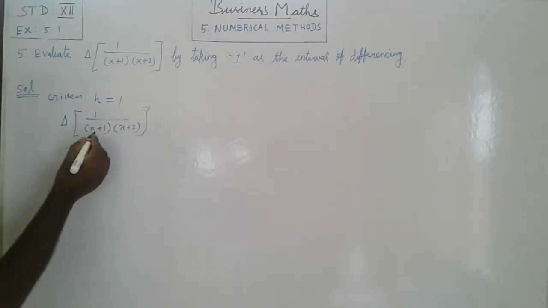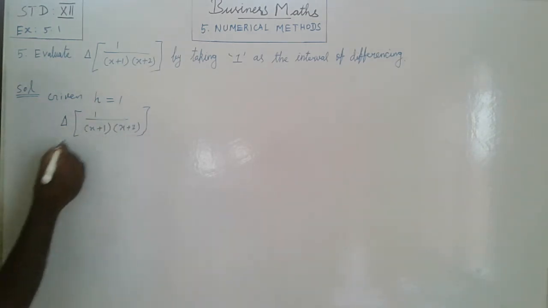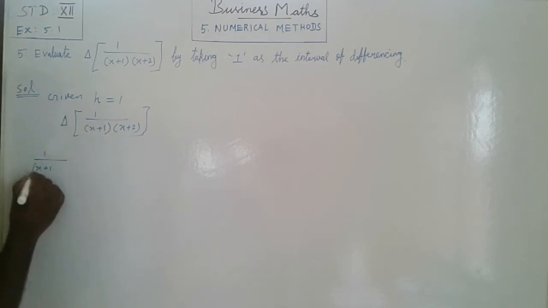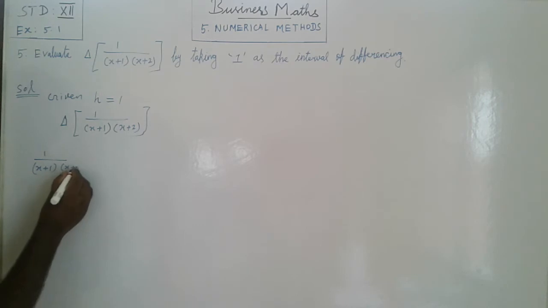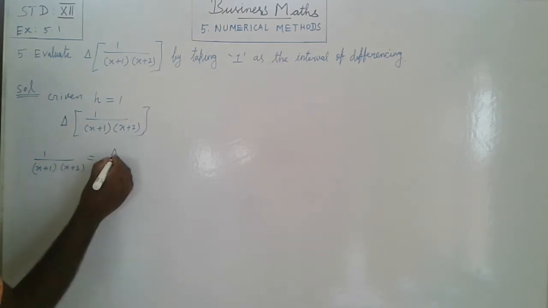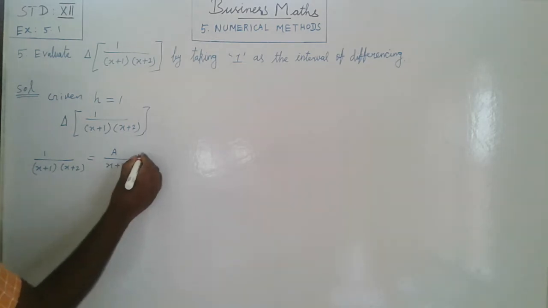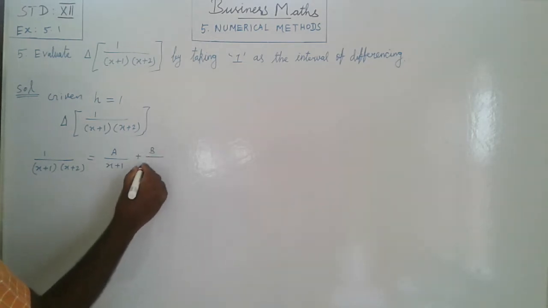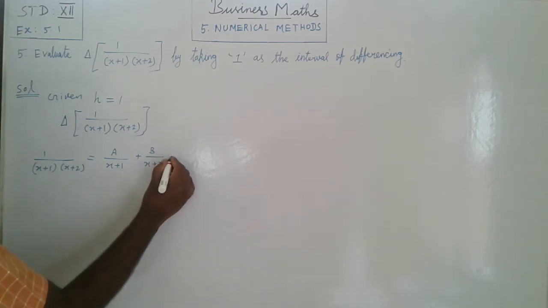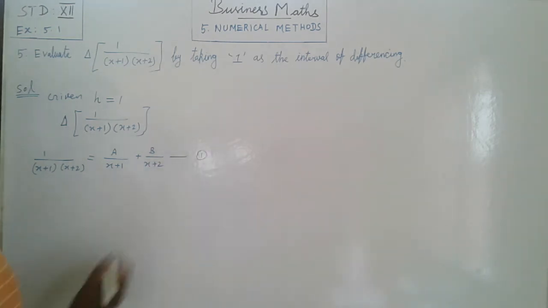First, we should find the partial fractions for 1 divided by (x plus 1)(x plus 2) equal to a divided by x plus 1 plus b divided by x plus 2. This is equation number 1.